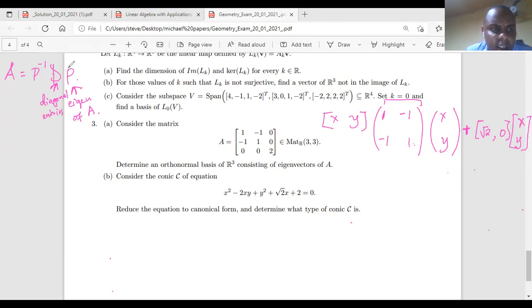And then if we find the inverse of P, we get our P inverse.